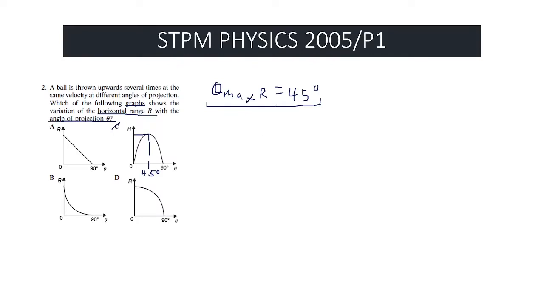And I would like to explain more about why this 45 degrees gives the maximum range. The first thing is we have to know how we define the horizontal range.